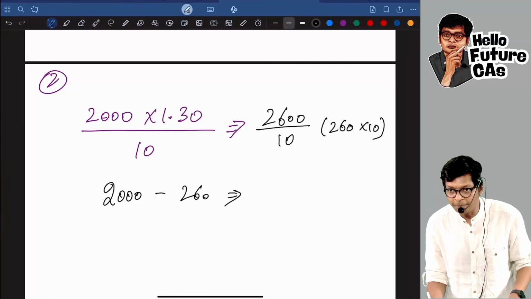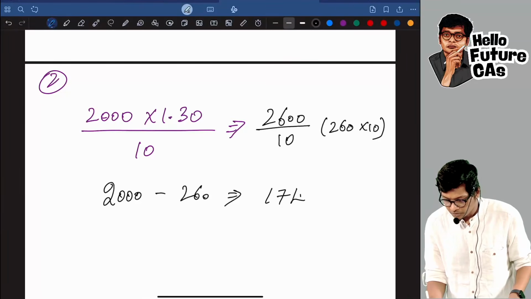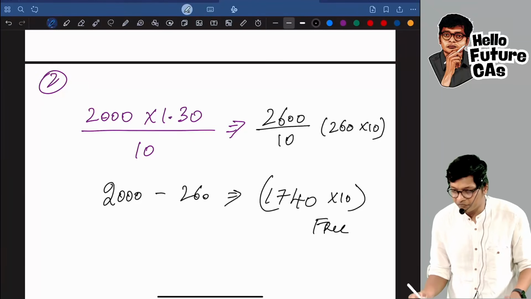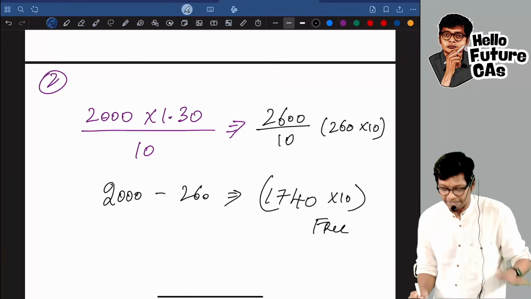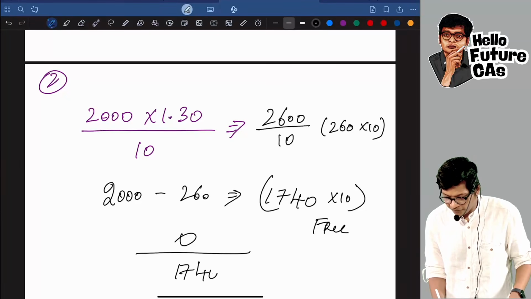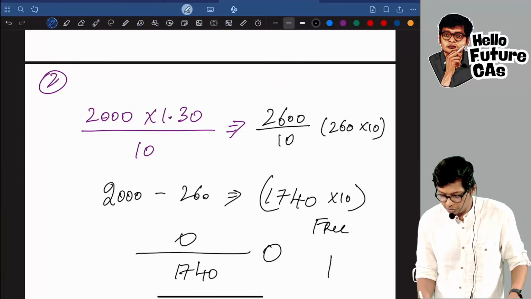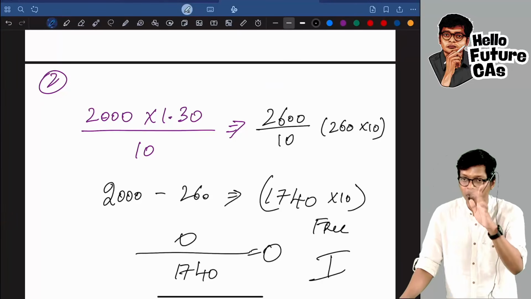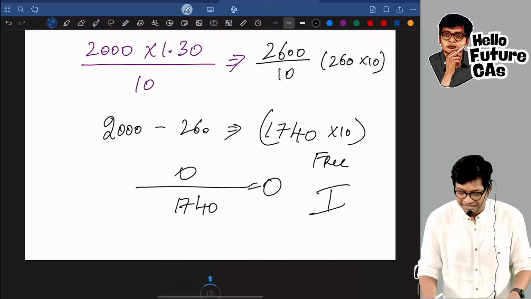How much is not paid? 1740 into 10 are the shares which are given for free without any consideration. In the equation, numerator will be 0, denominator will be 1740. So here also 0, option rank 1. So therefore, can I summarize?